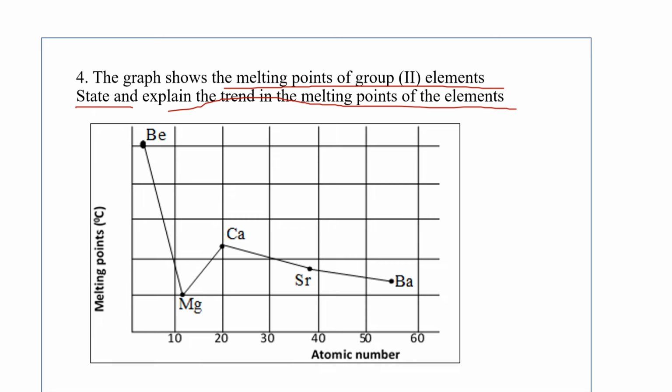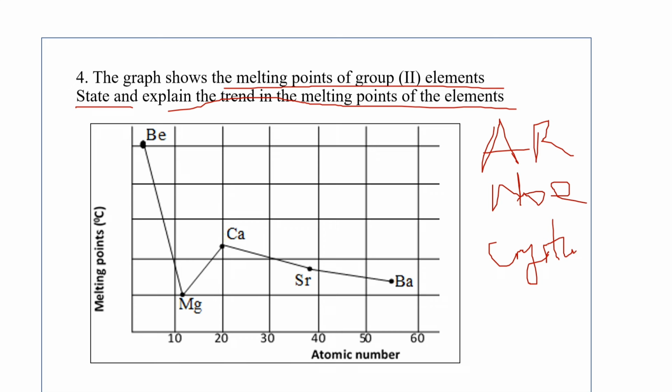Since we are only in group 2 and all are metals, we are going to engage the factors that affect the melting points of metals: atomic radius, number of electrons contributed to the metallic bond, and crystal structure. But the number of electrons will not work because all of them are in group 2, so they have 2 valence electrons and the number of electrons contributed is the same. So the key factors are atomic radius and the crystal structure.